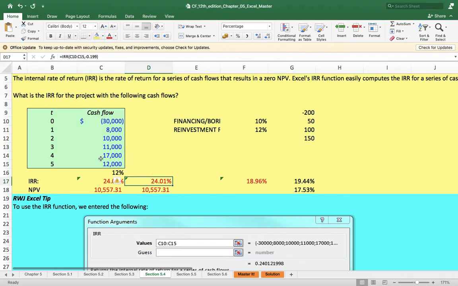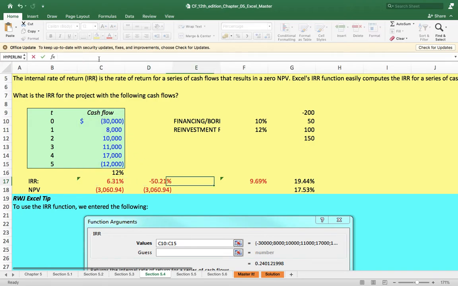But if I make one cash outflow, then 4 cash inflows, and again a cash outflow in the last year, there is a sign change. See here, if I guess, one IRR is 6.31 and one is 50.21, because there are sign changes in the cash flows.